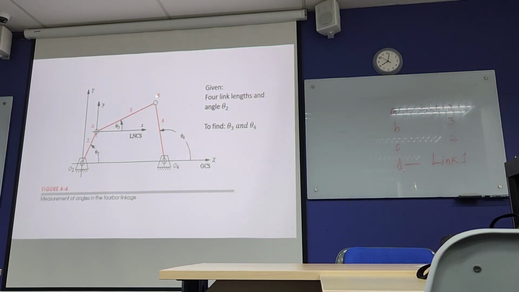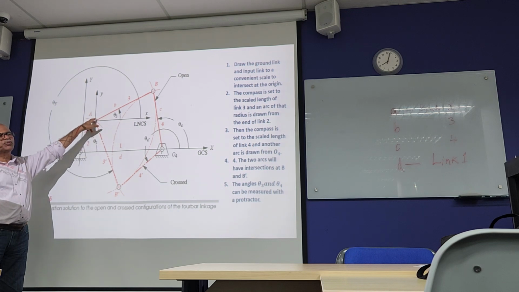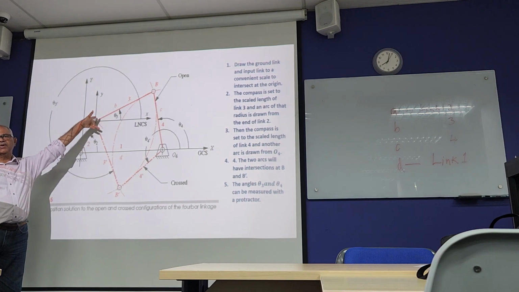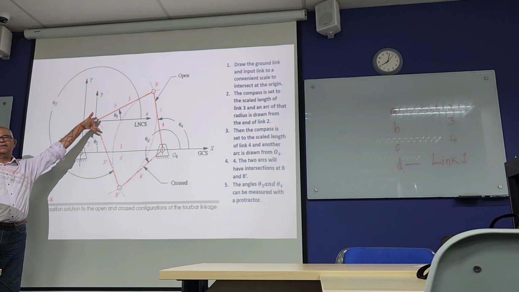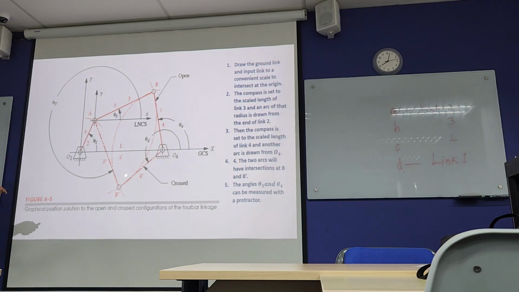Now how to draw link 3 and link 4? You know the length of link 3, right? So you put your compass here, choose the length L3, and then you draw the semicircle, B dash.